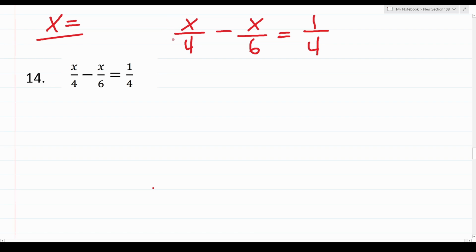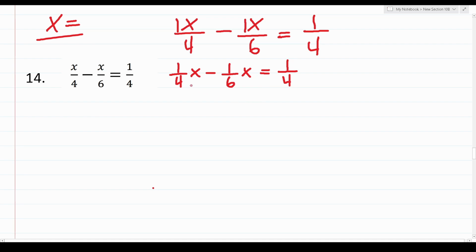Well, in this case, it's going to be very helpful to do so. So I'm going to put my 1 there and my 1 there, and then I'm going to rewrite this as 1/4 x minus 1/6 x equals 1/4.